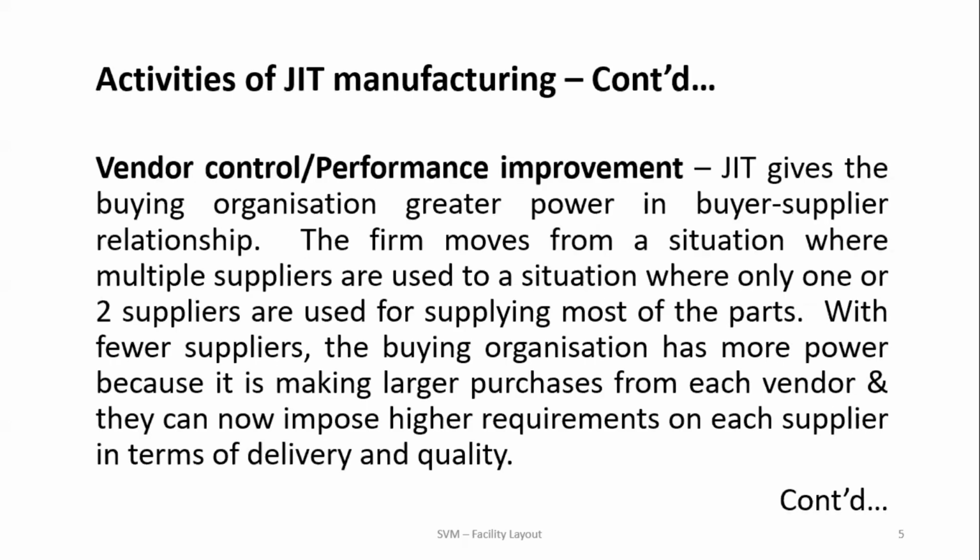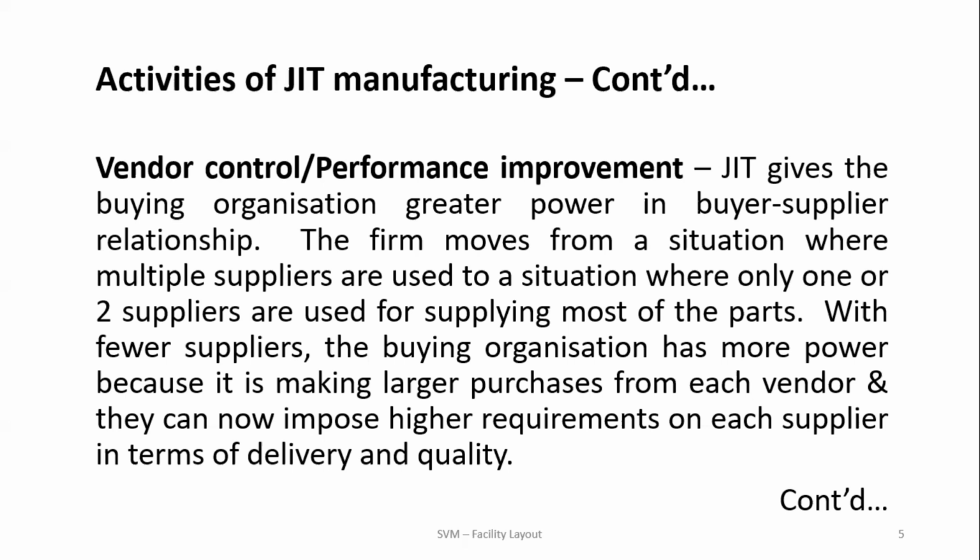Third activity is vendor control and performance improvement. So JIT gives the buying organization greater power in the buyer-supplier relationship. The firm moves from a situation where multiple suppliers are used to a situation where only one or two suppliers are used for supplying most of the parts.